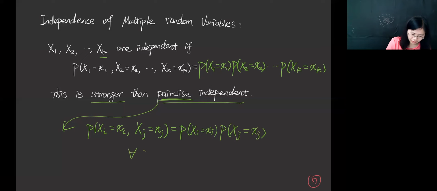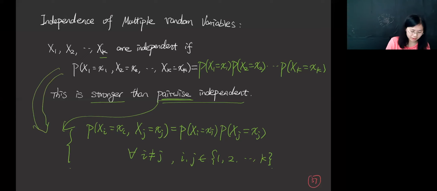For any i not equal to j, i and j are chosen from 1 to k. So this is pairwise independence. And that is a weaker concept than the joint independence. The joint independence implies the pairwise independence, but the opposite direction doesn't hold.